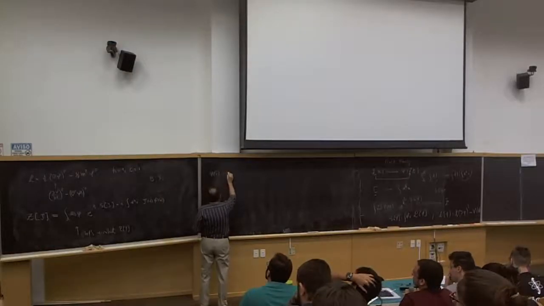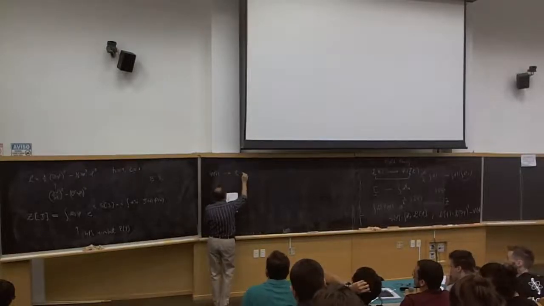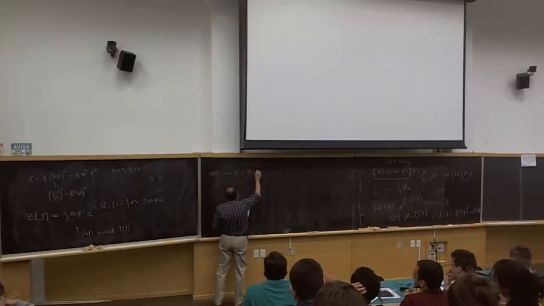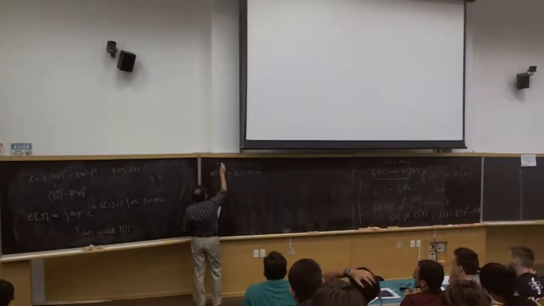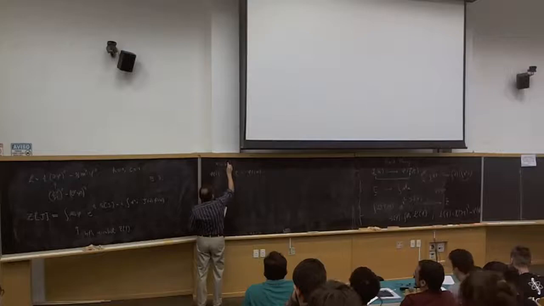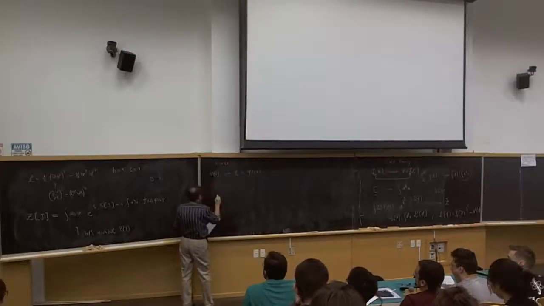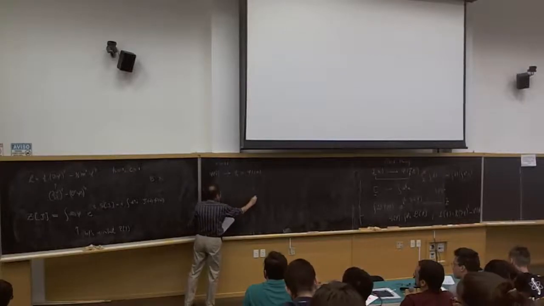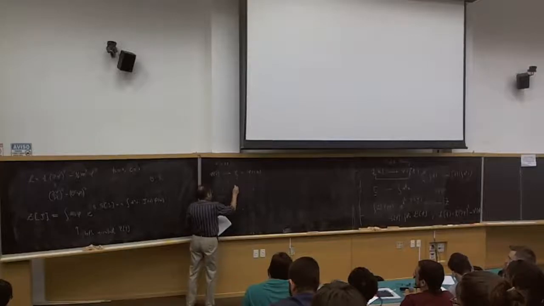I will replace this phi with a phi on a site, which is phi_i a. So I have x that goes to i a. It's like this. You have now discretized space and time, and this spacing is a.